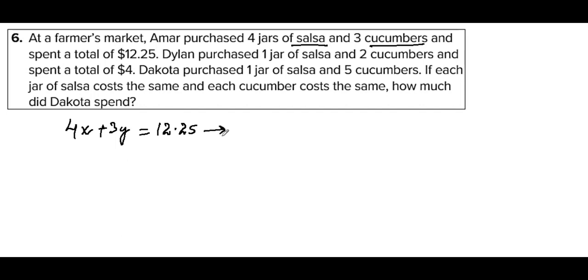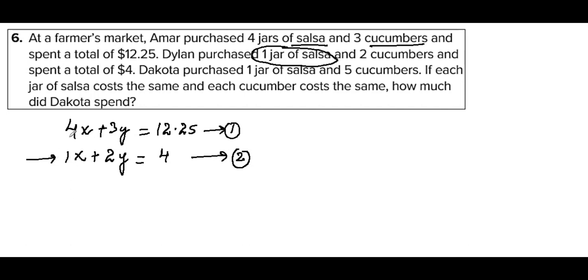This is my first equation. Second equation, 1 jar of salsa, so 1x plus 2 cucumbers, 2y, is equal to 4. Now we have to make them the same. How can we make it? I need to multiply by 4 because there is a 1, so both will become the same. Multiply this equation with 4.